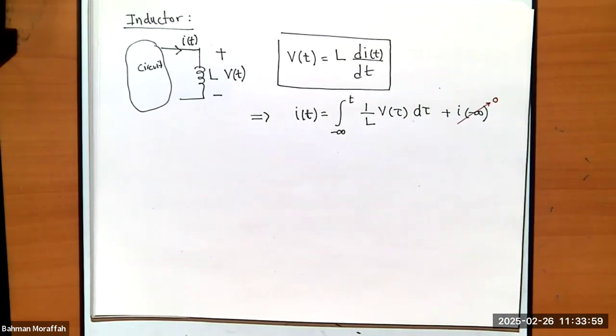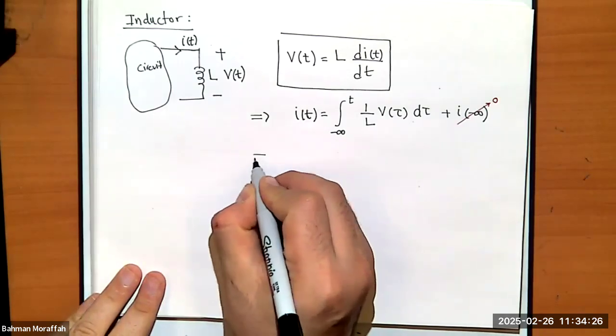So what this tells me is that if my initial time is negative infinity, and I want to find the current through the inductor at any given time t, it can be computed through that integral. If I change my initial condition to some t naught rather than negative infinity, just like what we did for the capacitor, we can break down this integral and write it in terms of that initial value.